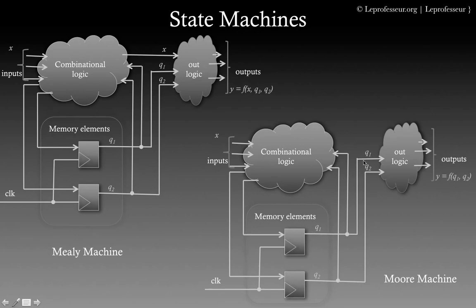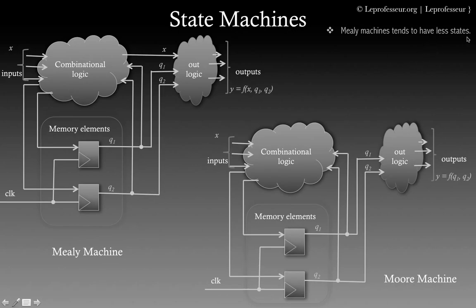So that's the basic difference. Now there are stronger implications because of this little difference. Well, Mealy machines, as we can see here, directly make use of input to produce the output, and tend to have fewer states.